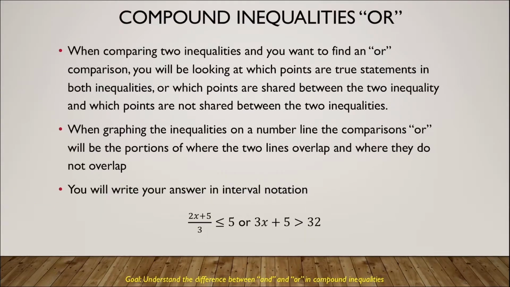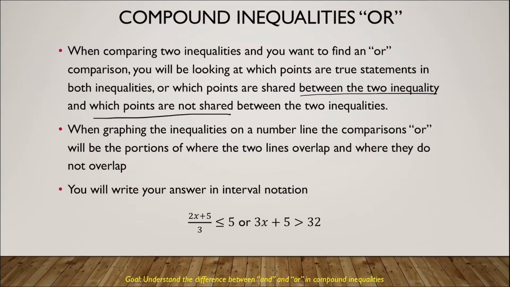Alright, so now we're going to talk about the OR comparison. When comparing two inequalities and you want to find an OR comparison, you're looking at which points are shared between the two inequalities and which points are not shared. This one's kind of hard, because you're looking for essentially any point that appears on one or both of these.